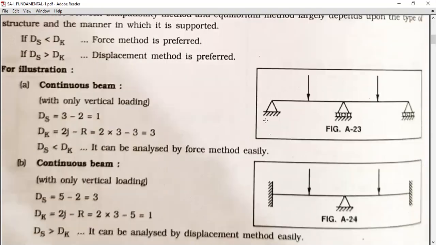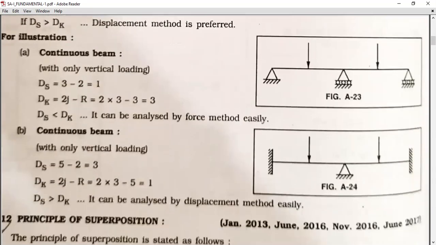The second example is a continuous beam with only vertical loading, in which there are two supports having fixity and one support in the middle, simply supported.